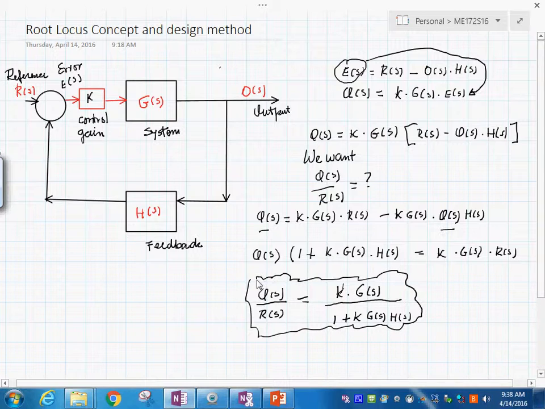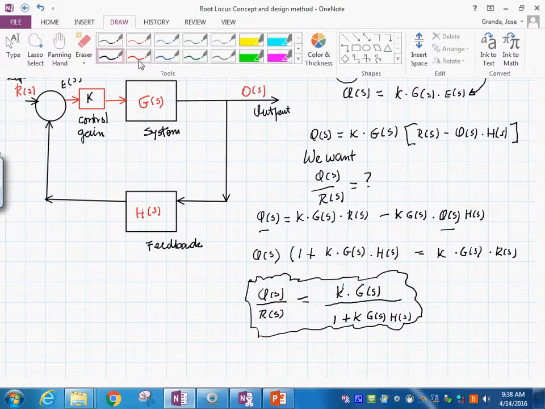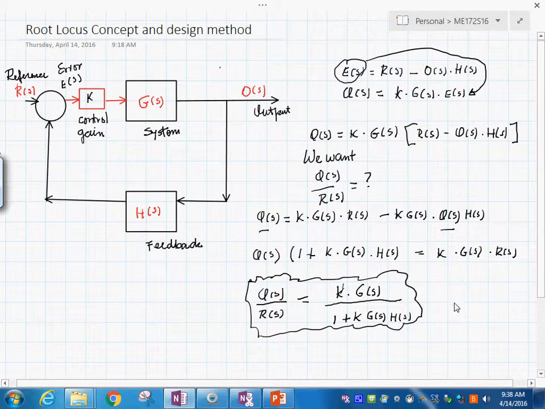So how can we call this transfer function? I think we can give it a nice name, and I'm doing this because it's important for you to know the basics of this thing. So this would be the closed loop transfer function.